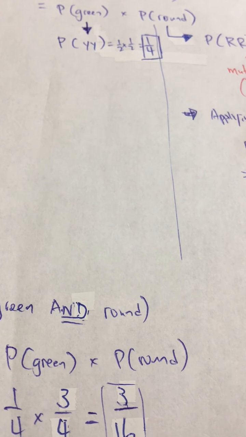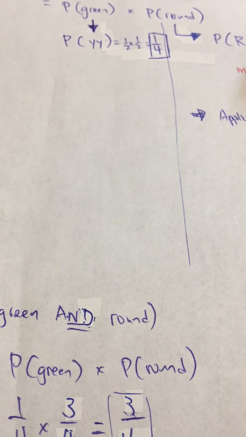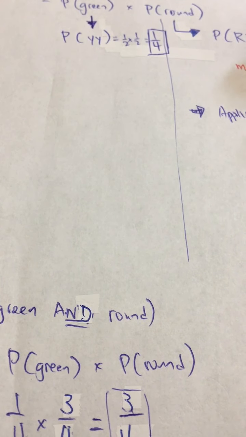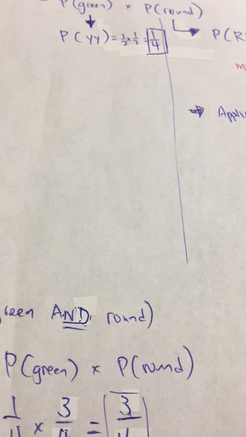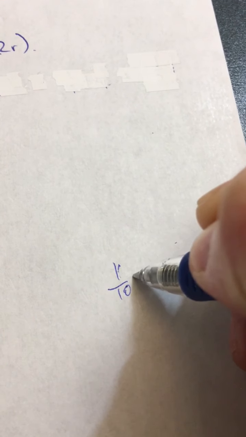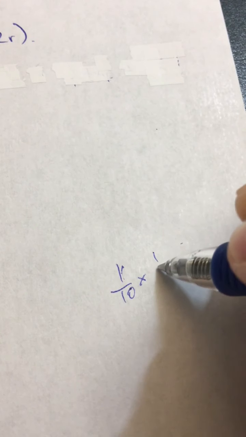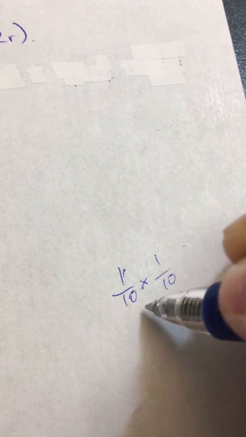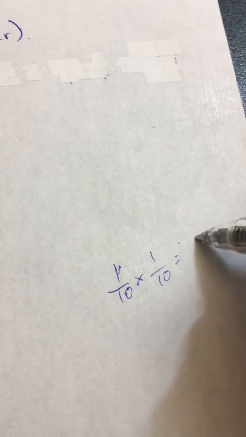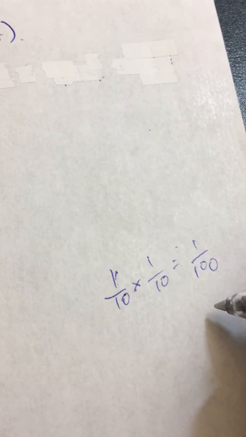So you're putting more and more stringent rules on the person you're trying to find. Let's say there's 10% of the population that's rich, and 10% that's smart. To find someone who is rich and smart, that's 1 in 100.